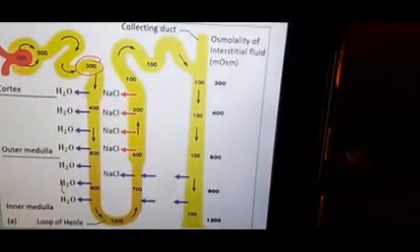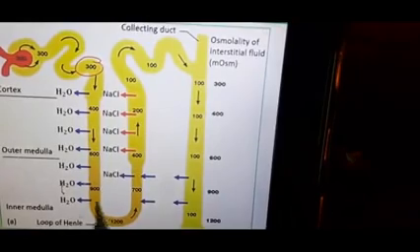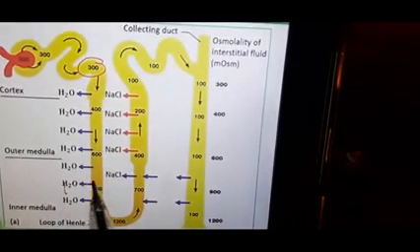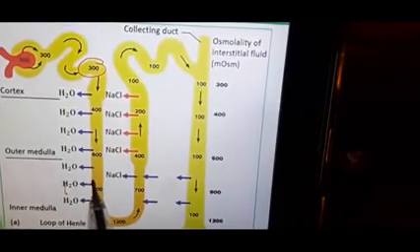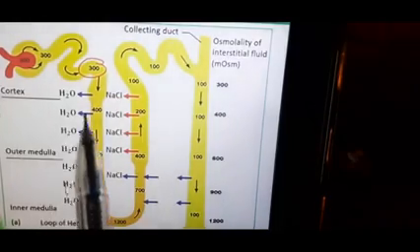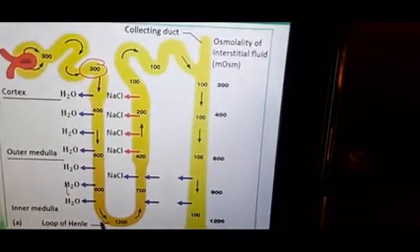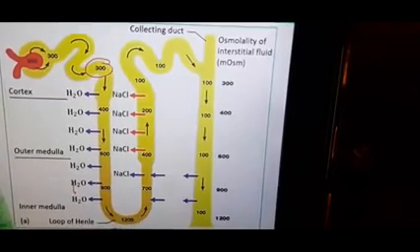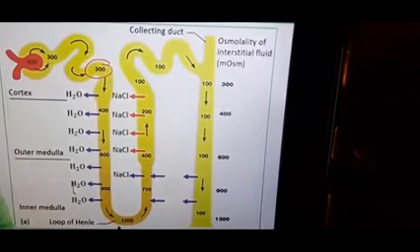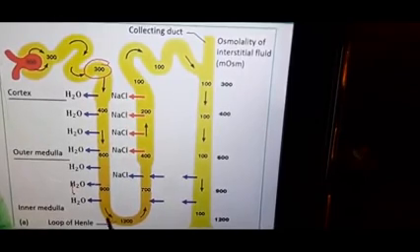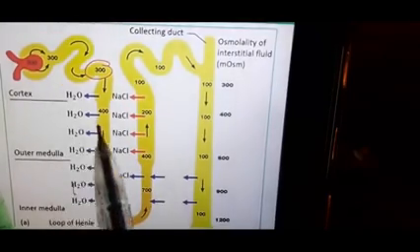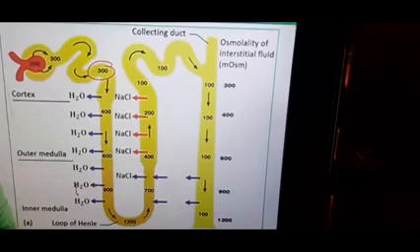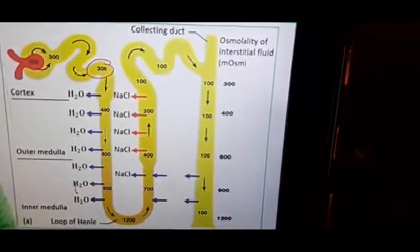So this osmolarity is responsible for the movement of water molecules in the descending loop of Henle. From the descending loop of Henle, water molecules move out into interstitial fluid, and by the time this reaches the inner part of medulla, or you can say the peak of the medulla region, so much water has come out from it that the osmolarity becomes 1200 milliosmoles, means it becomes most concentrated.